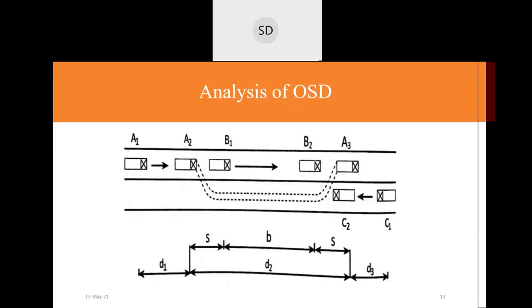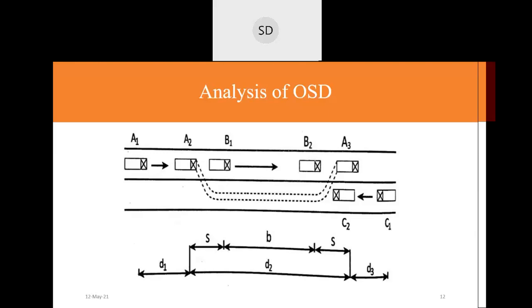Now again, if you consider D2, when vehicle A follows vehicle B, he always maintains a safe distance or clear spacing from vehicle B. That clear spacing is denoted as S, and it is basically 0.7 VB plus 6 by empirical formula. After it overtakes vehicle B, it also maintains a clear spacing between vehicles B and A, and that is again S, equal to 0.7 VB plus 6.